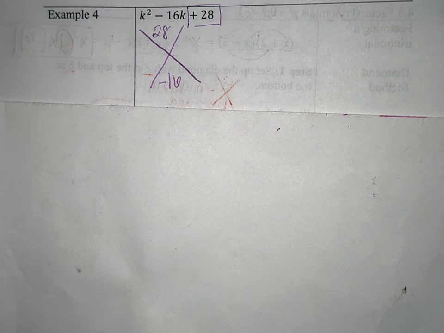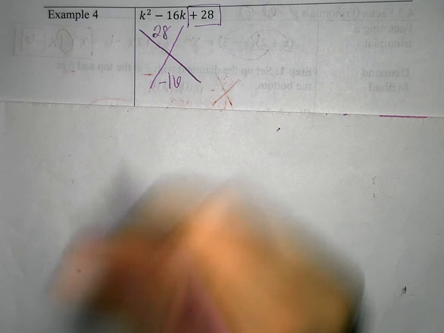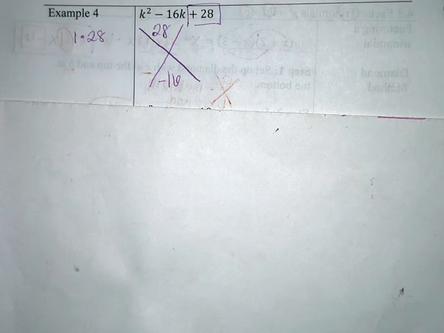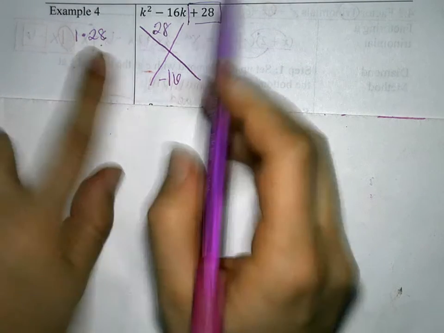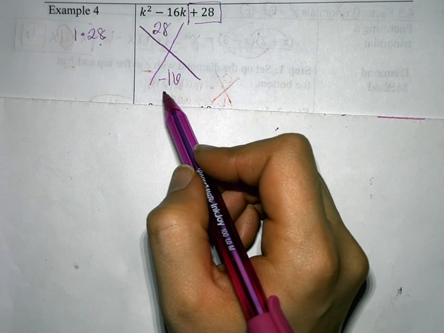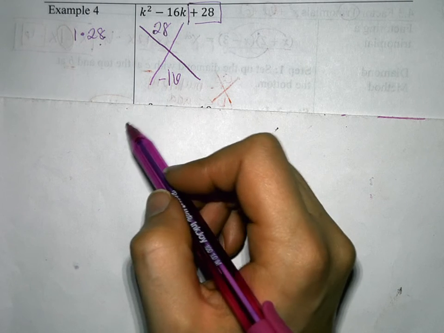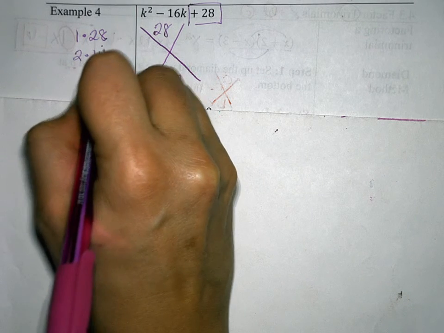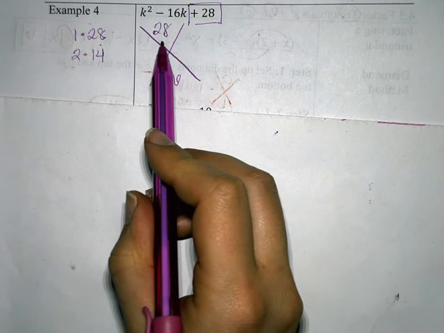So now I'm looking for the numbers that multiply to positive 28. I know that 1 times 28 gives me 28, but 1 plus 28 definitely doesn't give me negative 16. I also know that 2 times 14 gives me positive 28.